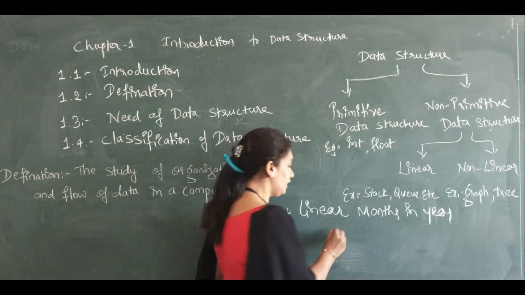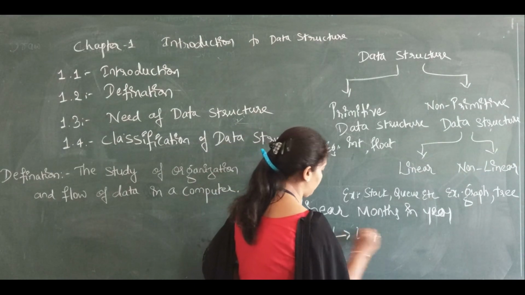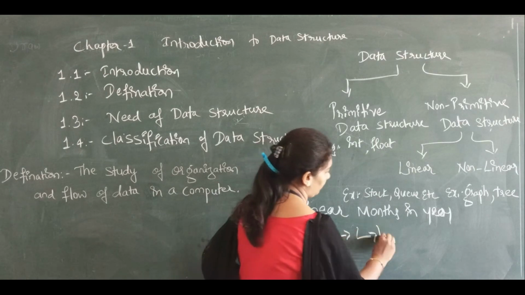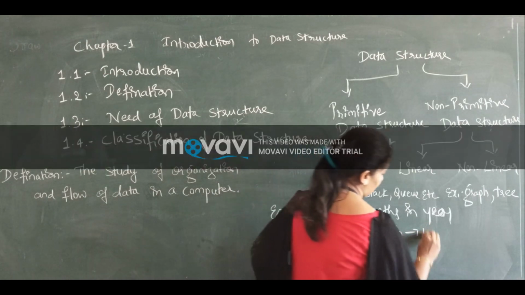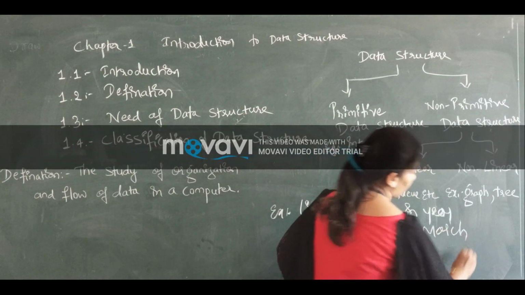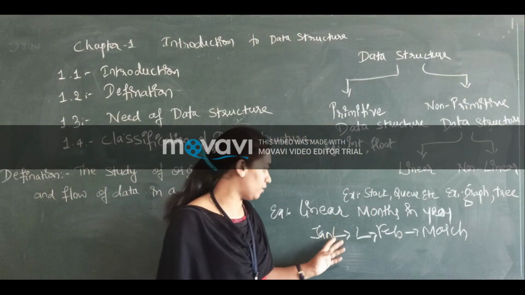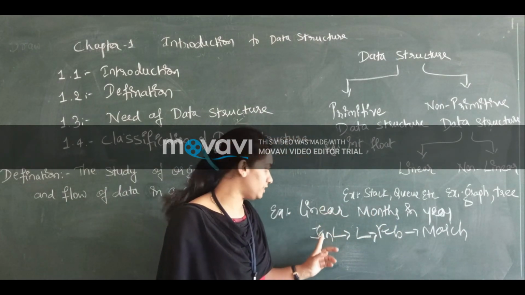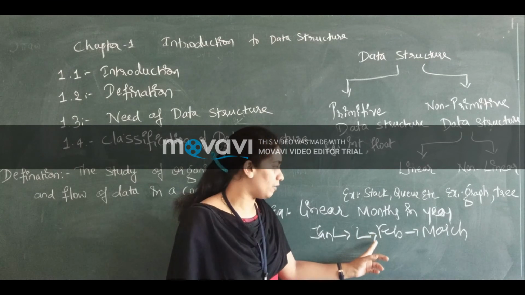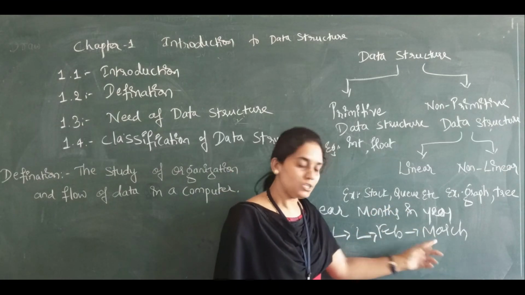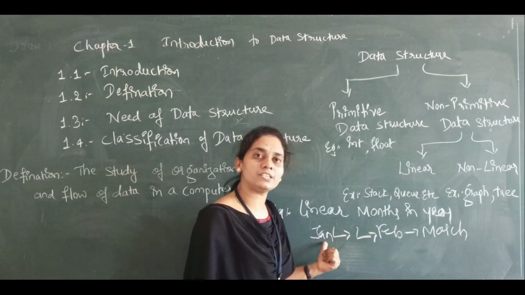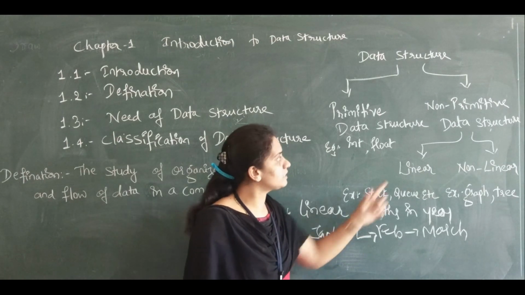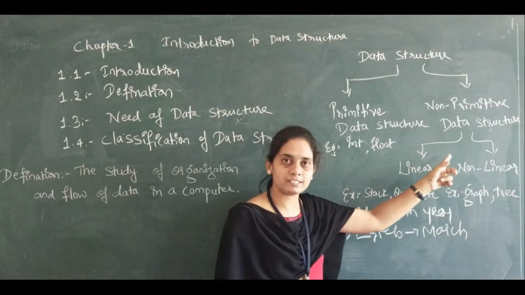So there is a linear relationship between the data: January, February, March. This is considered a linear data structure because it is compulsory that after January it should be February, after that March. So there is a linear relationship between the data.